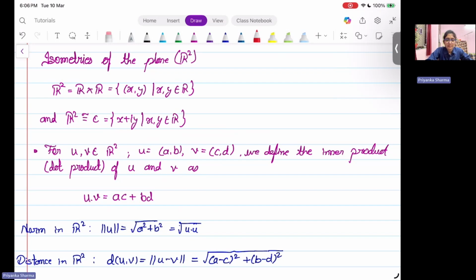To study isometries, first we recall some basic terminology. R square is isomorphic to the complex plane C.